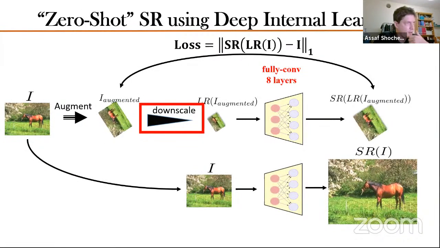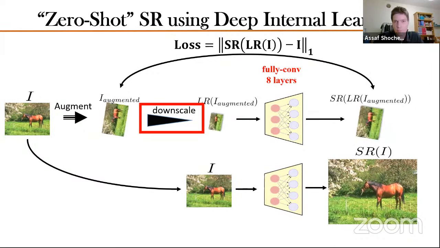One thing that is really important to mention here is this downscaling step, because I was really preaching before about how important the downscaling is, and the question arises: okay, so I'm also constrained to some downscaling process. So here's the thing.